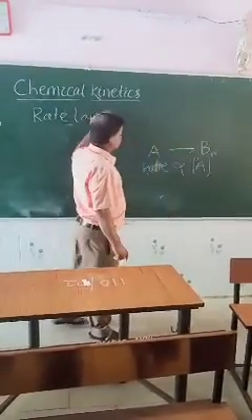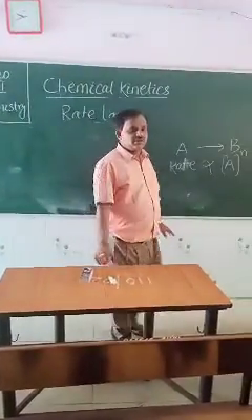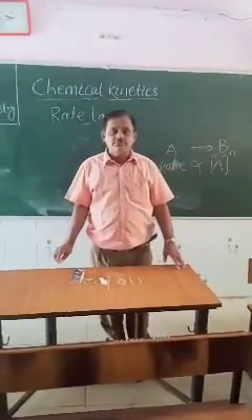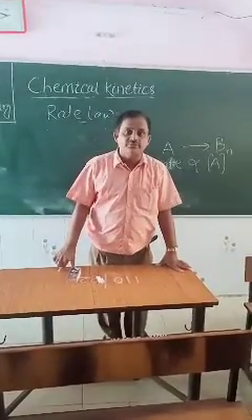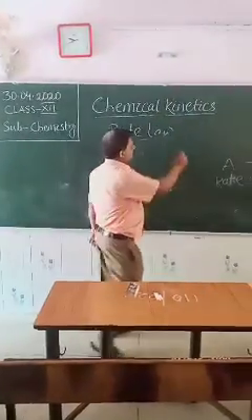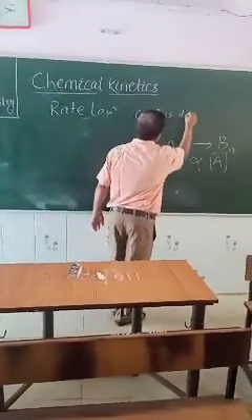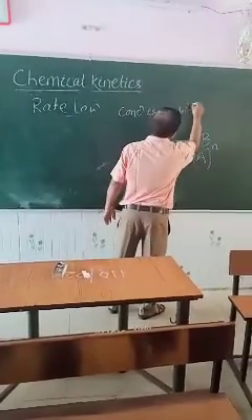For example, if the concentration of reactant is doubled and the rate is doubled, then rate is directly proportional to concentration of reactant. Concentration is doubled, and rate is doubled.